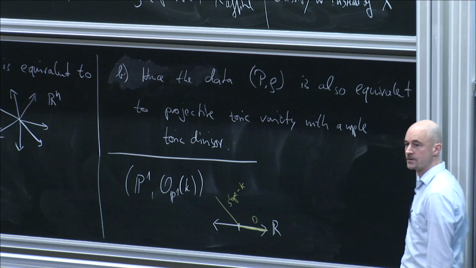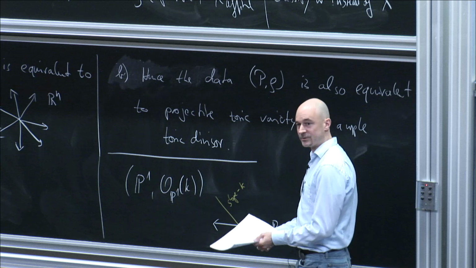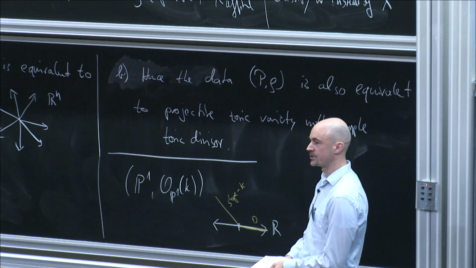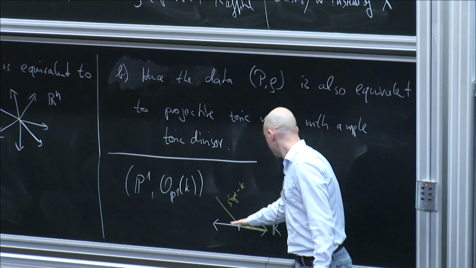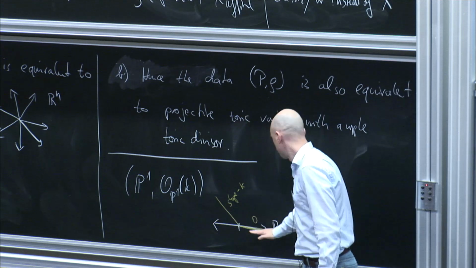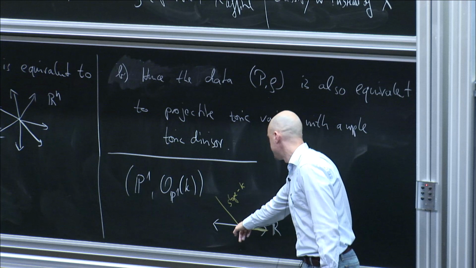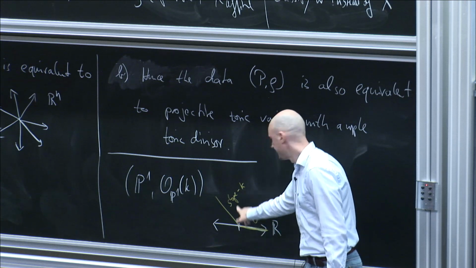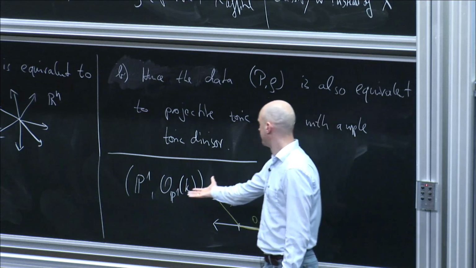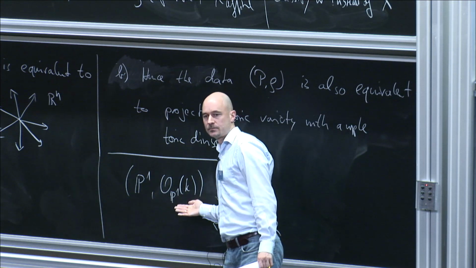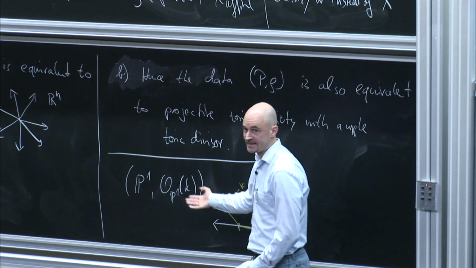Okay? So that yellow thing will be a graph of a piecewise linear function on R, and it's linear on each of the two cones. So each of the rays is linear, and it bends by slope change K at the origin. Okay? So this is the toric picture for P1 with this ample line bundle. Okay? If you know toric geometry, you've seen this.